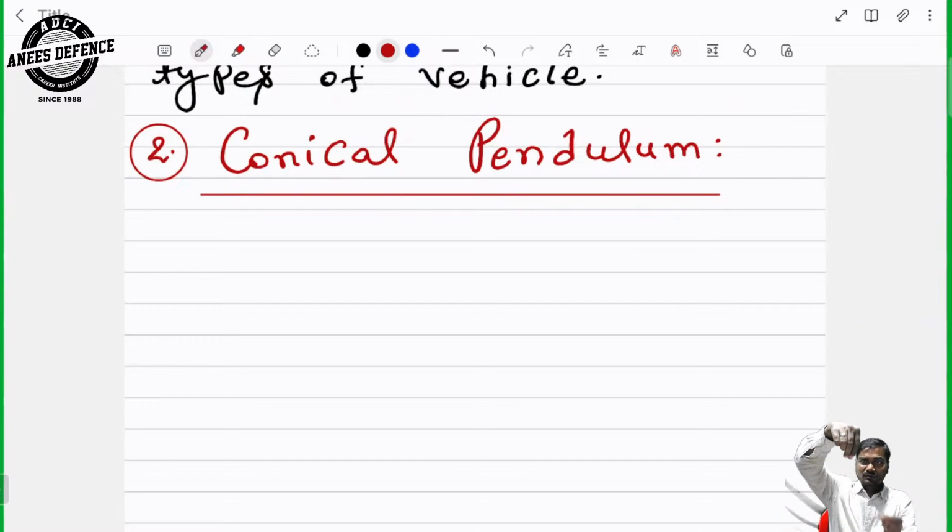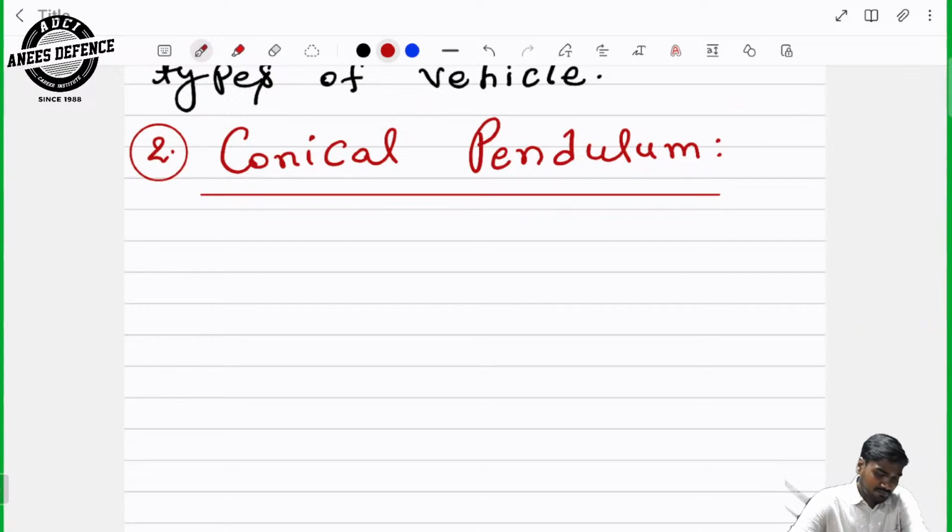No. Just observe. The position is here and it moves like this, making a cone. Right? That is a conical pendulum. Another pendulum is the simple pendulum. So we have to learn the conical pendulum.